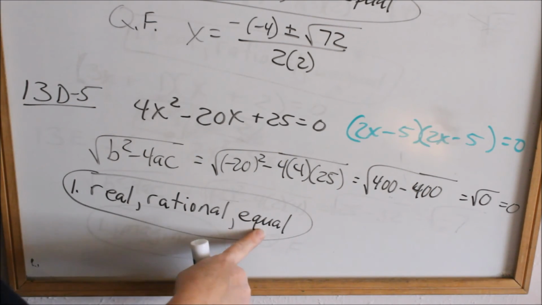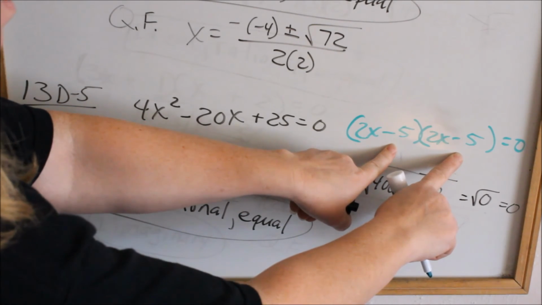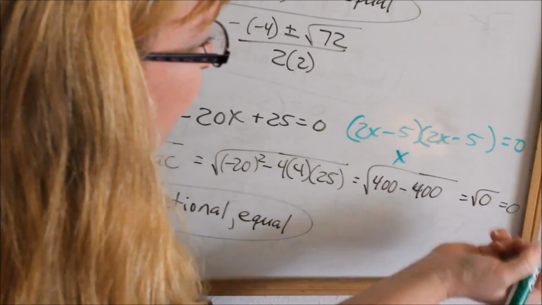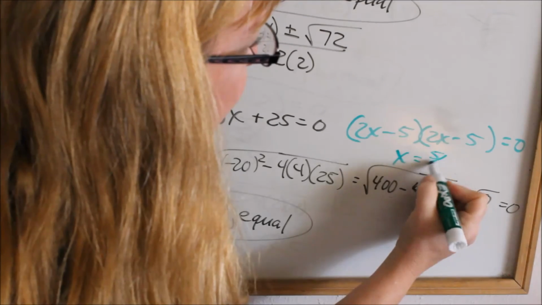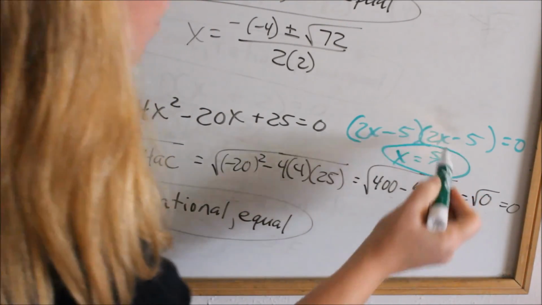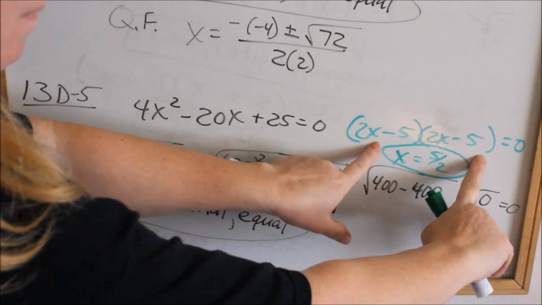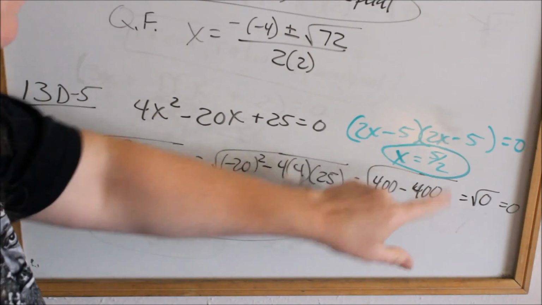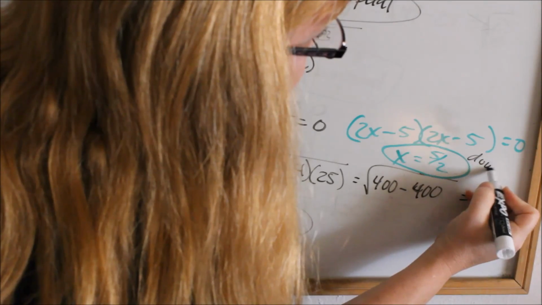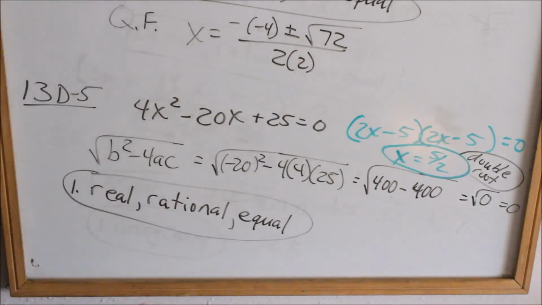When your solutions are equal, these parentheses have to look the same in order for them to be equal. I have two equal solutions, so I can see from here that my solutions, moving the 5 over and then dividing by 2, x equals 5 over 2 for both parentheses. So that's what it means when your solutions are equal, that these parentheses will look the same and you will have the same solution. That's called a double root solution, meaning that both solutions are the same thing.